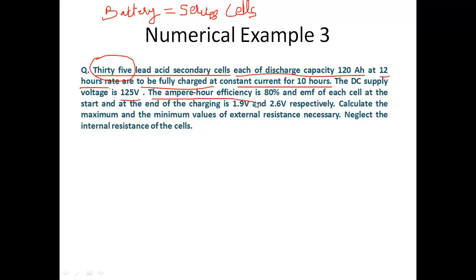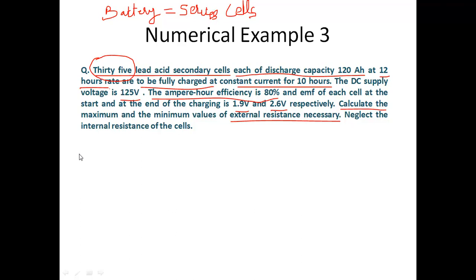The ampere hour efficiency is 80%, and the EMF of each cell at the start and at the end of the charging is 1.9 volt and 2.6 volt respectively. Now we are required to calculate the maximum and minimum values of external resistance necessary, and we have to neglect the internal resistance of the cells.